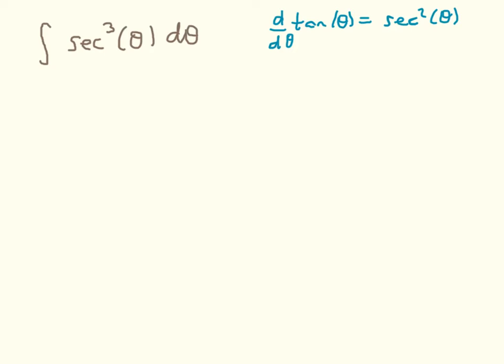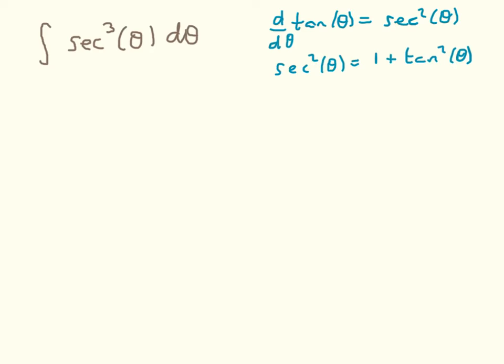The other is the identity sec squared theta is 1 plus tan squared theta. This is obtained just by saying that sec squared is 1 over cos squared, and if you write the 1 in the numerator as sine squared plus cos squared, this drops out. So those are the two key things that should be in our head when we look at this.